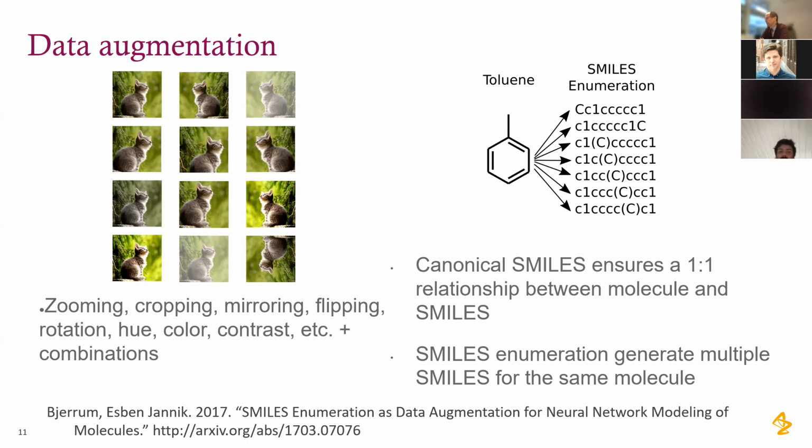But if you don't follow these rules, you can create a lot of different SMILES, and that will work as data augmentation. We present a different SMILES form for the neural network during training, and then it becomes more robust towards variations in the SMILES form, and learns to recognize the molecular features in different environments, so to speak, of forms of the SMILES. So that works to regularize the networks and create better predictions.